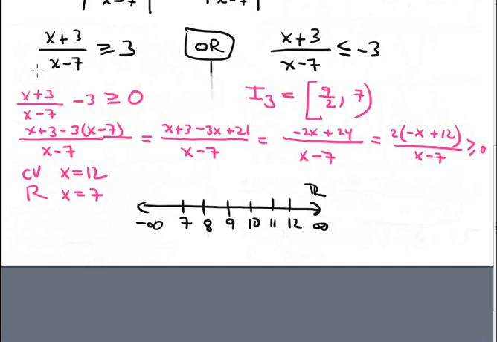The testing points we can select are maybe 6, maybe 10, and maybe 13.